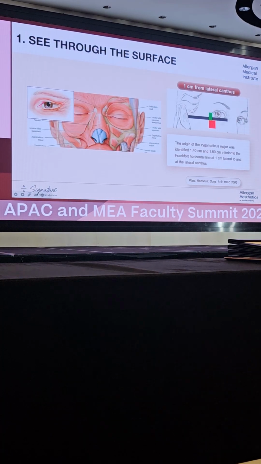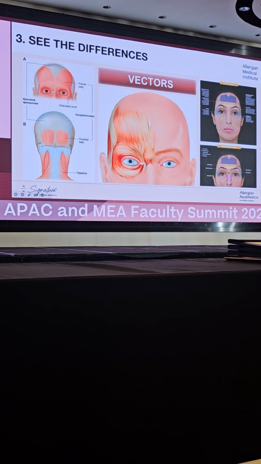But it would be more valuable to tell them that the origin of the major muscle is located inferior to the Frankfurt line, about 1.5 centimeters inferior to the Frankfurt line, and 1.5 centimeters lateral to the lateral canthus.